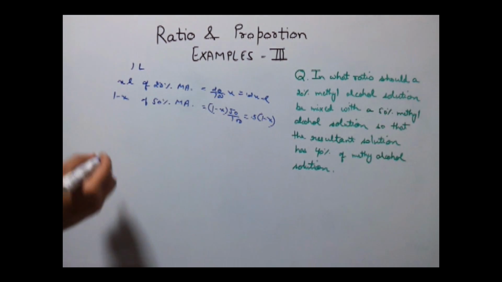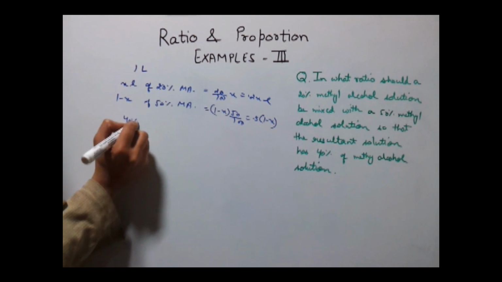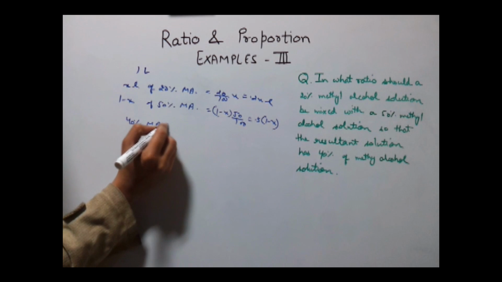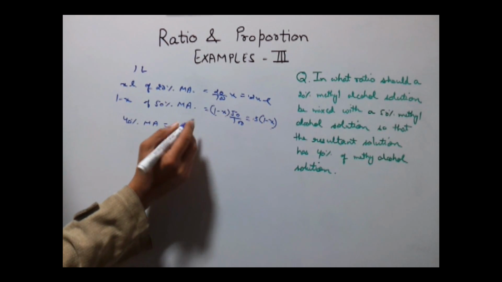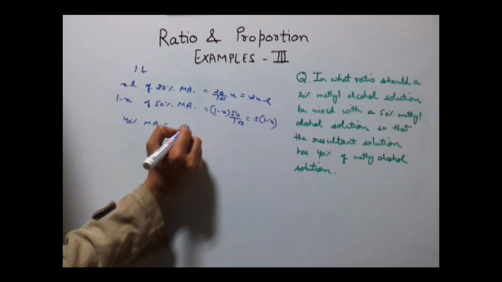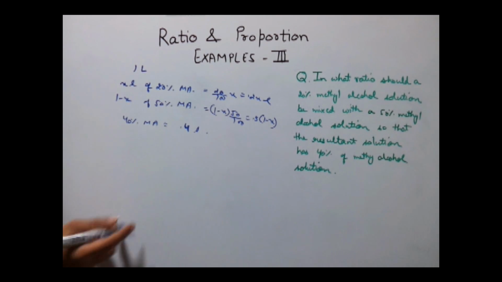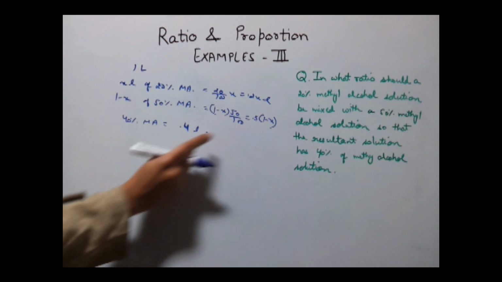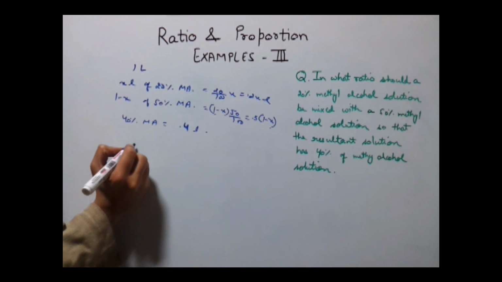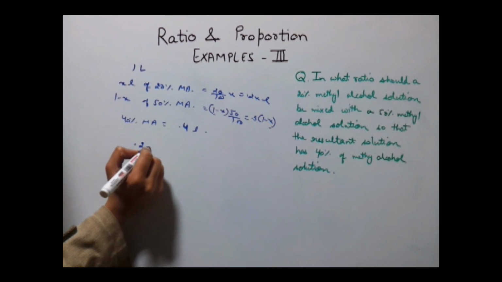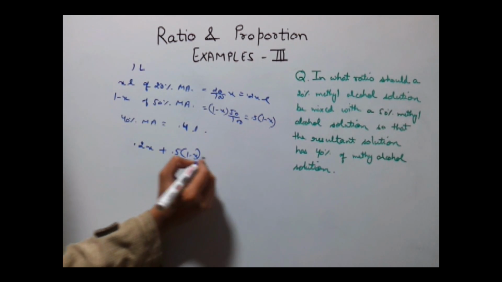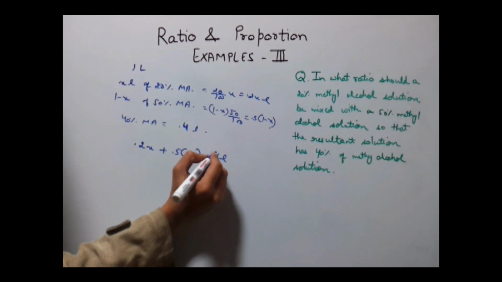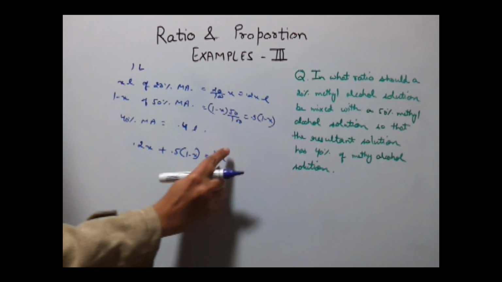And 40% methyl alcohol will contain 0.4 liters of methyl alcohol. So this plus this would be equal to 0.4 liters. So 0.2 X plus 0.5 into (1 minus X) is equal to 0.4 liters.